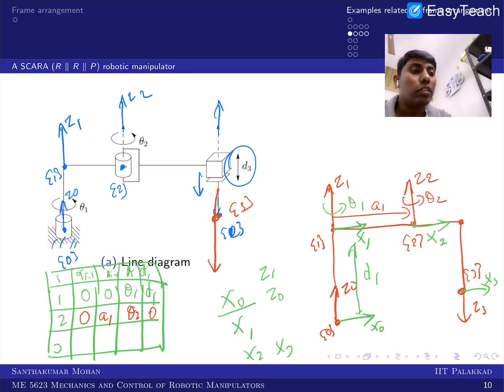Now coming to second to third, you can see that about x2 it is rotated 180 degrees, in the sense pi, and there is a distance from 2 to 3 along x2, that distance I'm calling a2. And for Z2 to Z3 there is an angle, but because this is not an active joint, there is no angle, so that is 0.